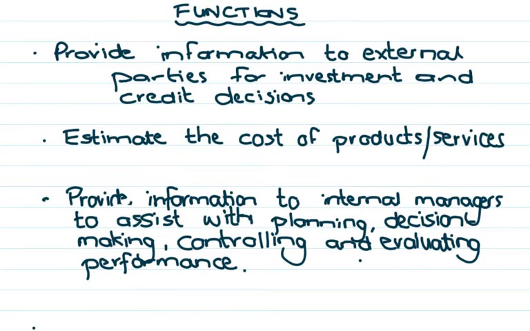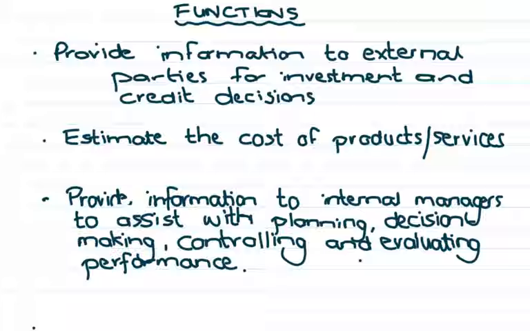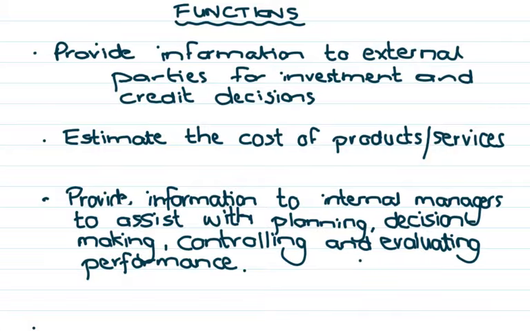Now, although we said that cost accounting is mainly concerned with internal reporting, we can still provide information to external parties for investment and credit decisions. We will estimate the cost of products and services. These are all the functions of cost accounting.